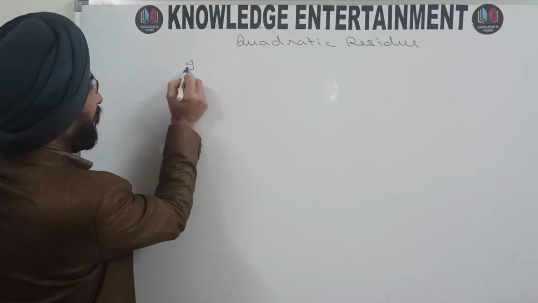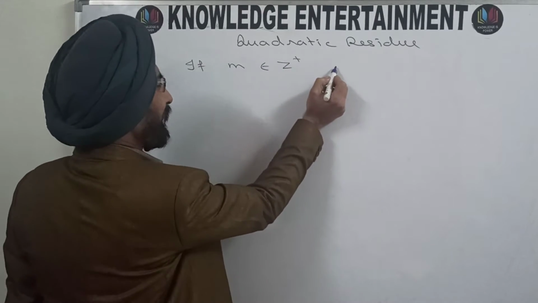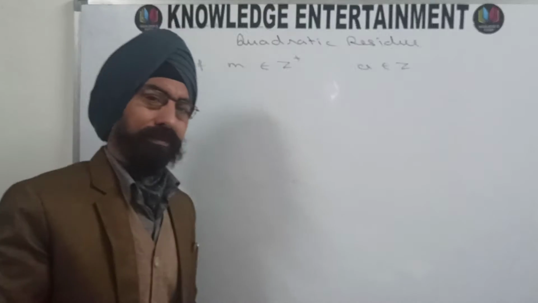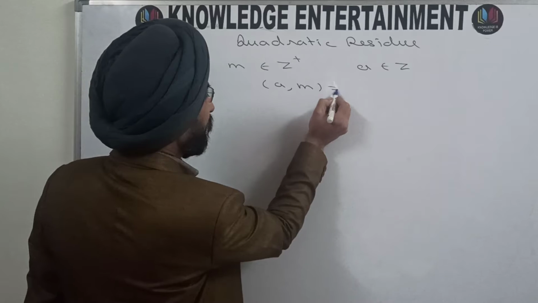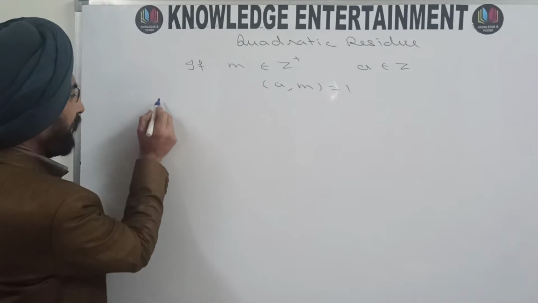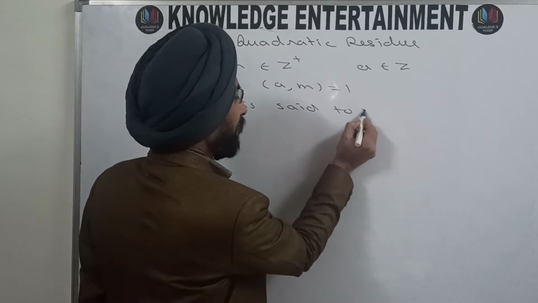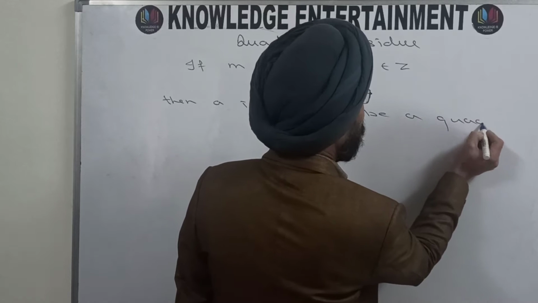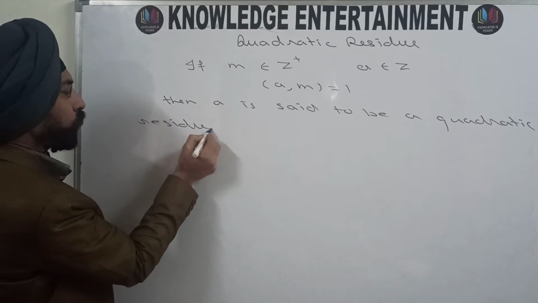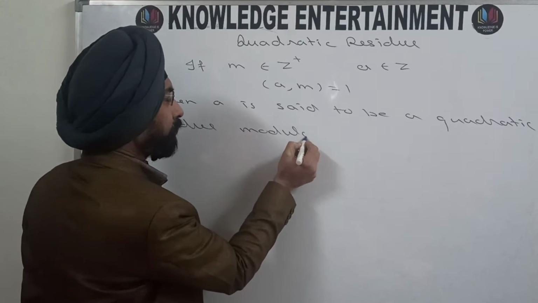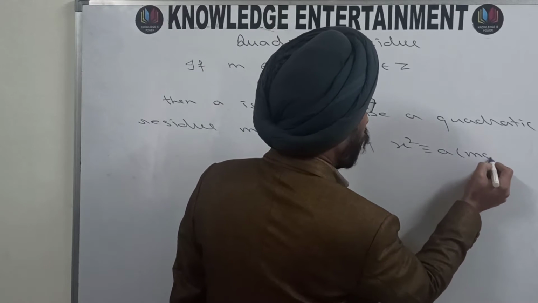If m is a positive integer and a is any integer, and GCD of a and m is 1, then a is said to be a quadratic residue modulo m if x square is congruent to a modulo m.